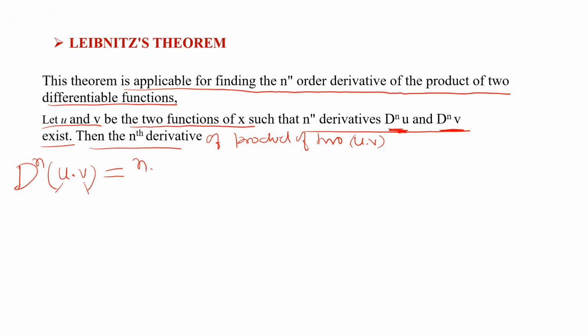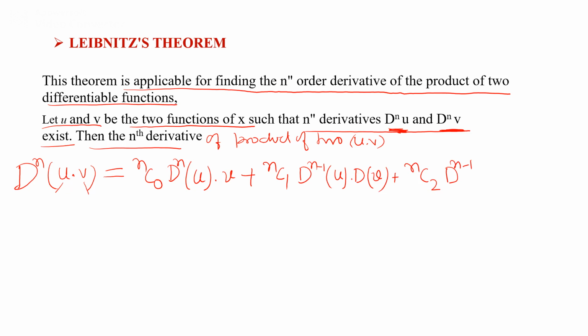nC0 times the nth derivative of u, and the second function v is the same, plus nC1 times the (n minus 1) time derivative of u and the 1 time derivative of v, plus nC2 times the (n minus 2) time derivative of u and the 2 time derivative of v, and so on.